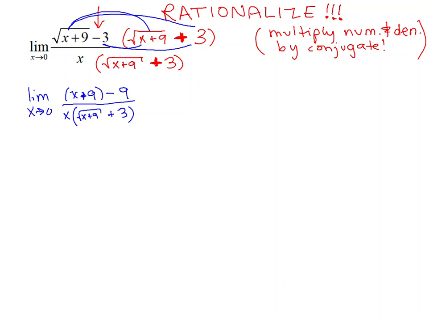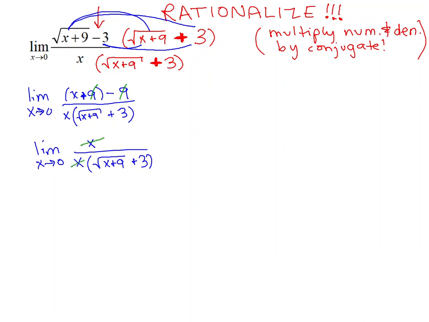Let's see how I can clean up this expression. Positive 9 subtracts with negative 9, so I'm left with the limit as x approaches 0 of x over x times the quantity square root of x plus 9 plus 3. And notice again, I can simplify by dividing out these x's.